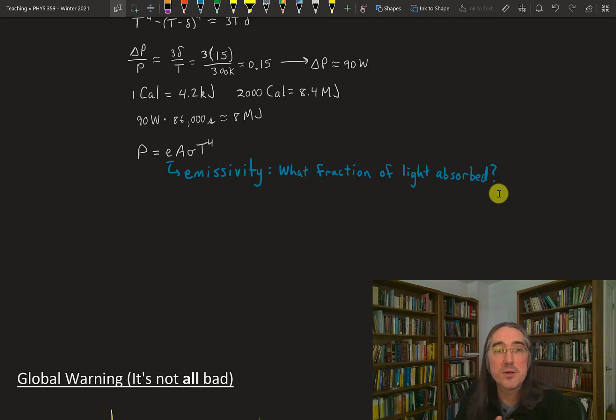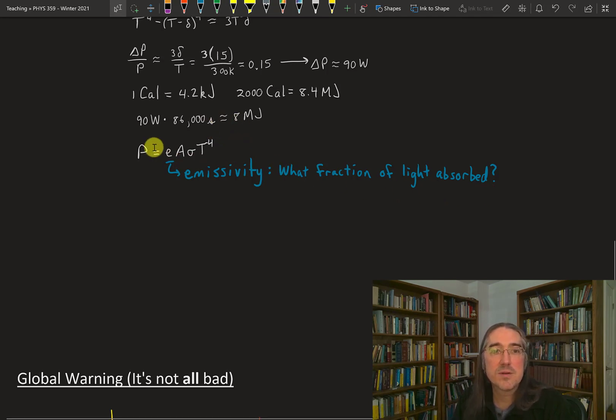Okay, so those arguments, again, simple thermodynamic arguments, tell you emitted fraction has to equal absorbed fraction, which is why this thing that I defined as the fraction of light that's absorbed is called the emissivity, because that's also the fraction of light that's emitted. Okay. So that ends up just being a straight conversion factor that goes out front.